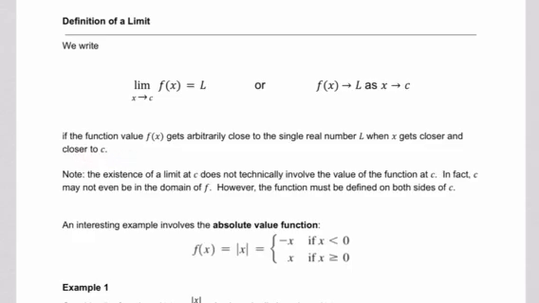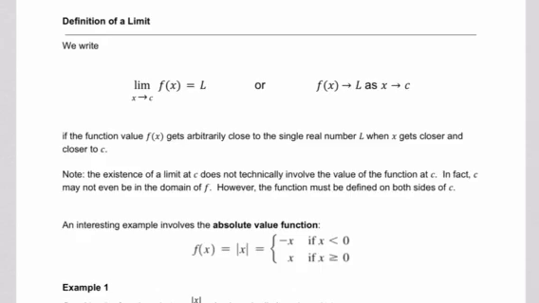So again, we're not really interested in what's happening exactly at c, but the process of getting closer and closer, of moving closer and closer. And this turns out to be a really important concept to think about for calculus.